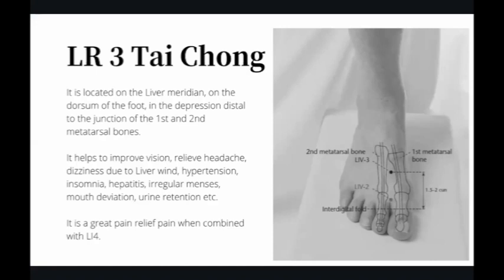It helps to improve our vision, relieve headache, the frontal headache or the side headache usually, and dizziness or vertigo due to liver wind, hypertension, insomnia, irregular menstruation, which is regularly treated, and deviation in the mouth or urine retention, etc. This is again a natural Panadol if you combine this point with the point we just discussed, large intestine 4.